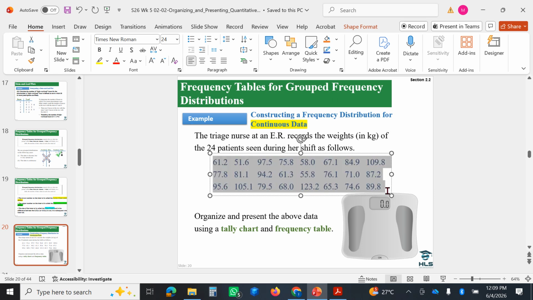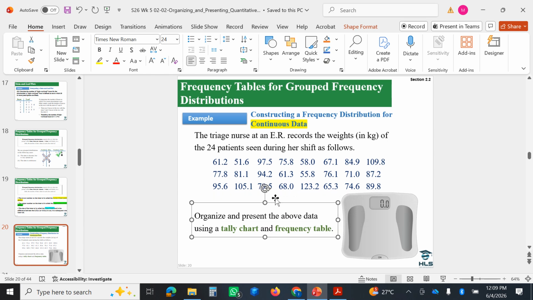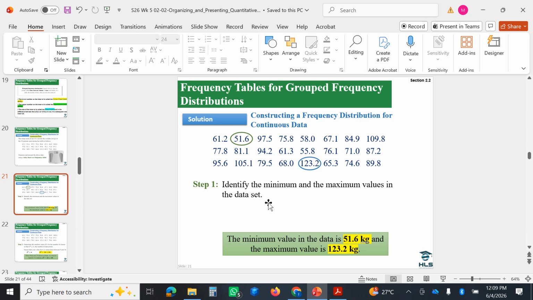Again, mashed potatoes. What's the data saying? Create a tally chart, a frequency table. So, first thing, find your highs and lows. There's one on the quiz with a little bit of work to do there. I saved you a lot of work on the quiz.